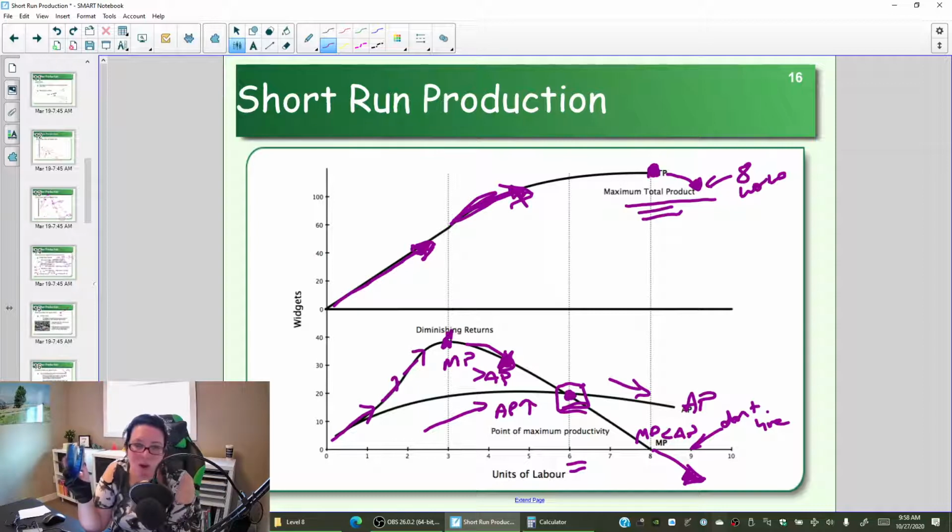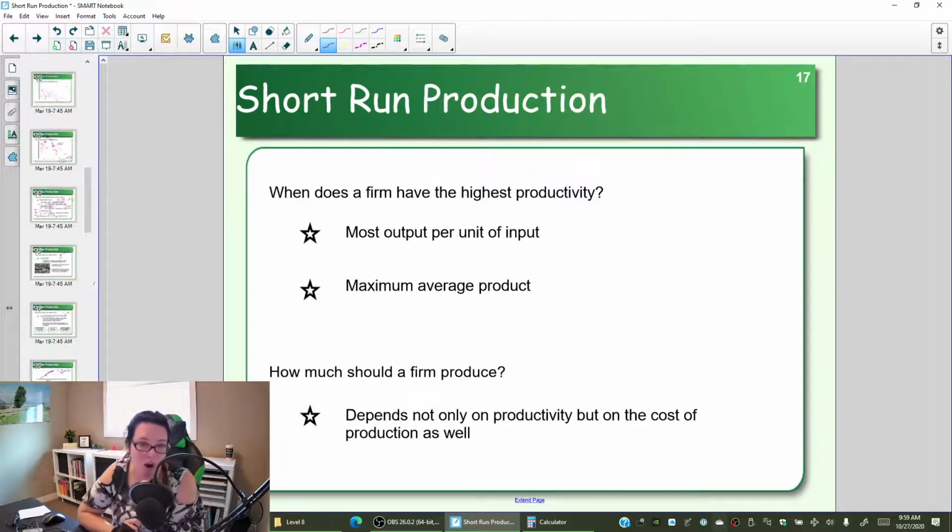And then in the long run, we can deal with that diminishing returns by doing things like getting additional staplers. But we can't make decisions about how much to produce solely from productivity. Yes, we know when we can get the most made. Yes, we know when we're getting the most from each worker. Yes, we know when we're getting the diminishing returns. But how much we actually produce is also going to depend on the cost. So we also have to include measurements and graphs for cost.